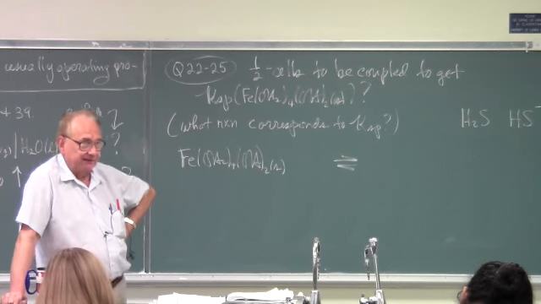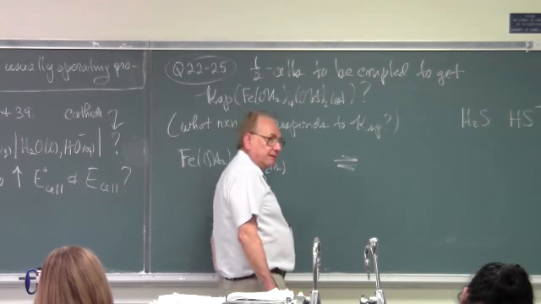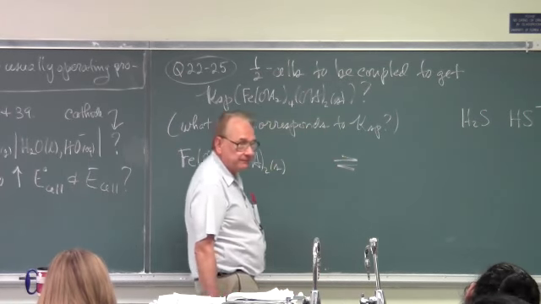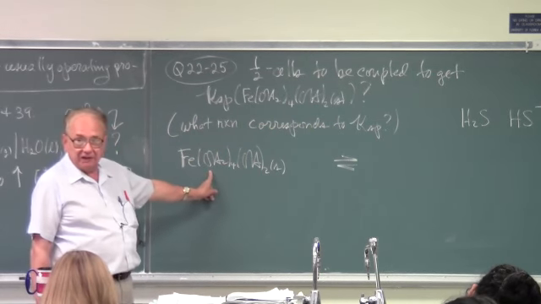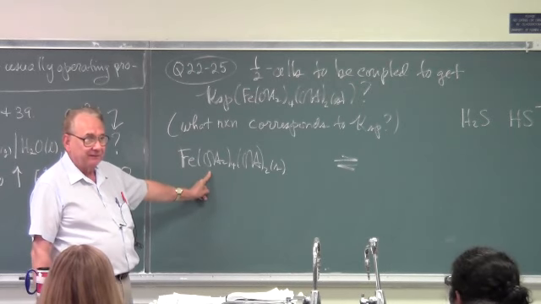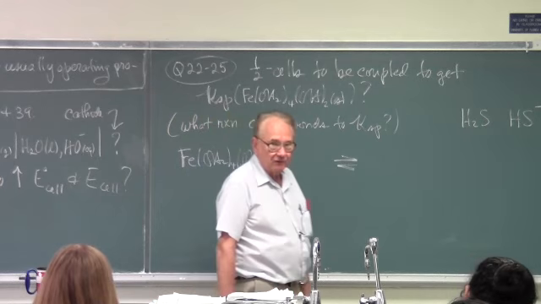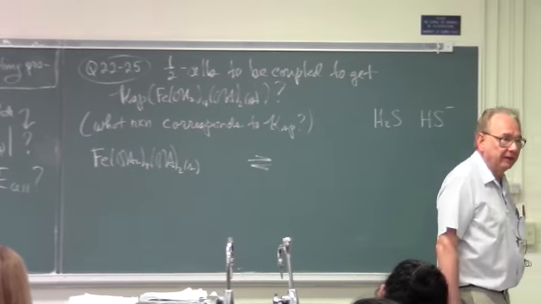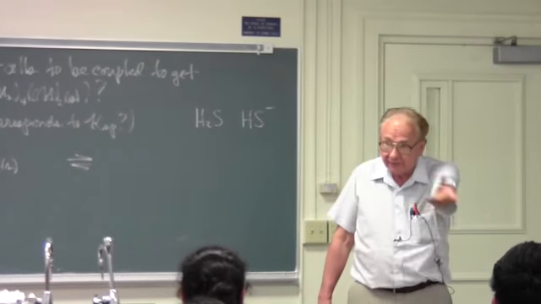Tell me the formulas for the ions. Fe3 plus? First of all, this contains iron in what oxidation state? +2, not +3. So what +2 ion of iron do we need to consider? It's in the table.